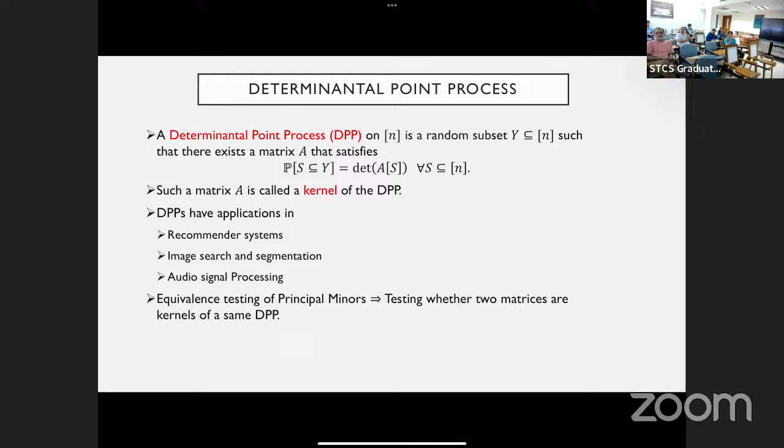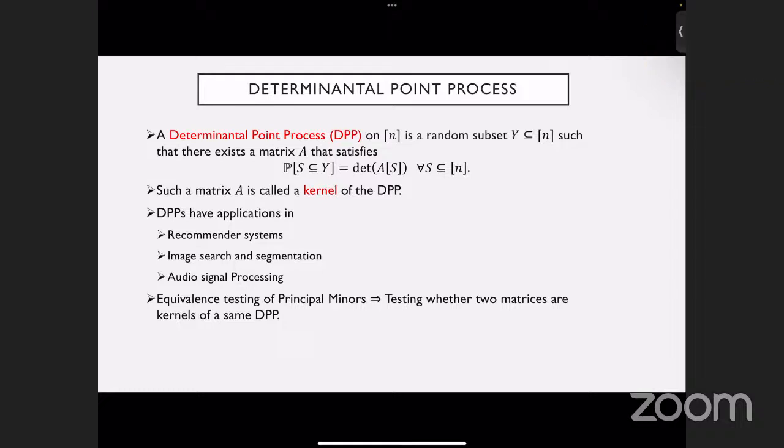If I remember, all of them will have negative association. In fact, that was my next question. What is the necessary and sufficient condition for a matrix to be a kernel of a DPP, and what is the property of a distribution for it to be a DPP?